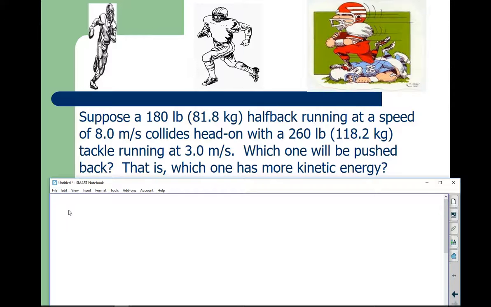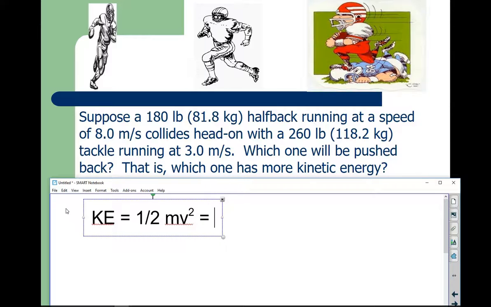So if we remember from our equation, KE is equal to 1/2 mass times velocity squared. As we put in for the top one, we want to use the kilograms, so we're going to use 81.8 kilograms, and we're going to times that by, oops, I forgot the 1/2 at the first, so let's put the 1/2 in there. 1/2 times the 81.8 kilograms.